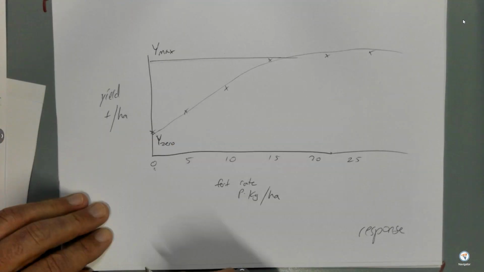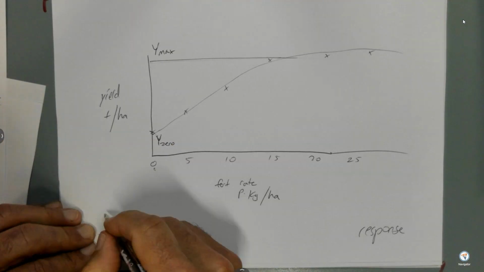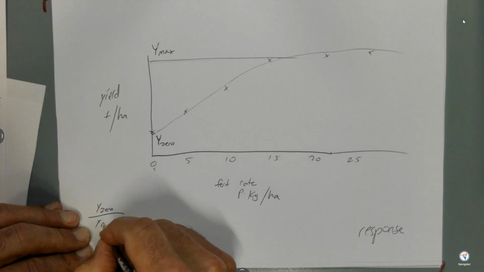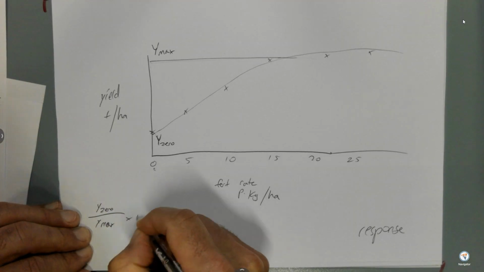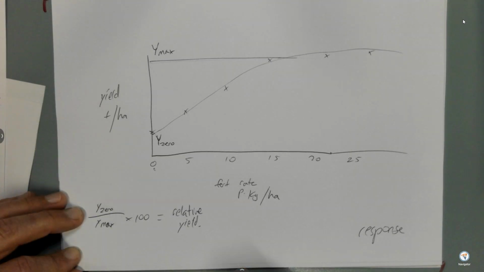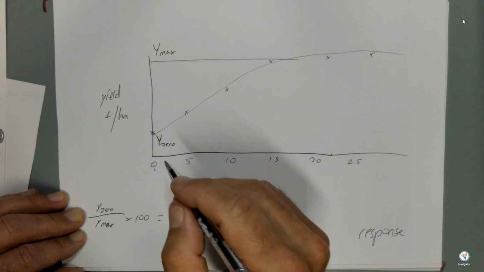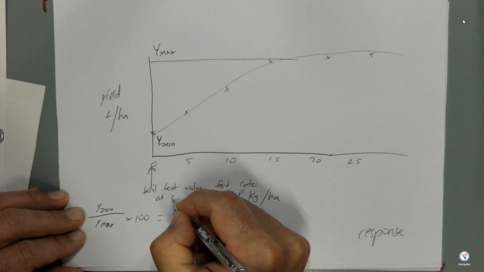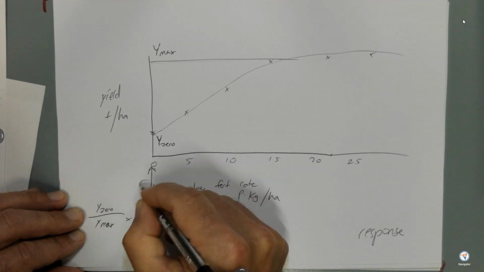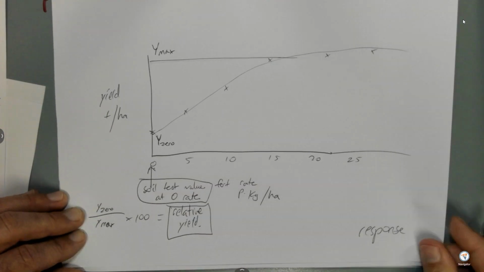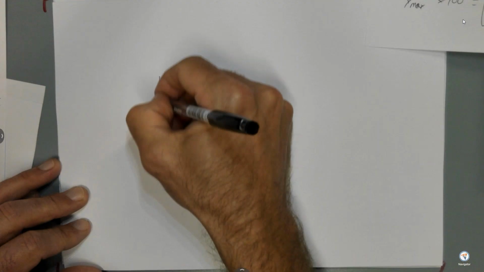Then yield 0 divided by yield max times 100 is our relative yield. And then you've got the soil test value at 0 rate. So we've got those two pieces of data for every trial.